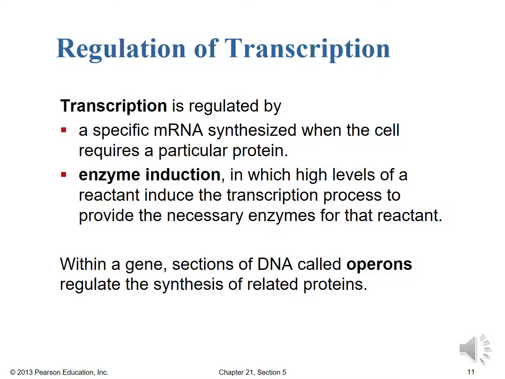Here, if we've got a high level of a reactant, then it kick-starts the whole process to get the transcription process going to provide those enzymes that reactant needs in order to react. So within a gene, we have sections of DNA called operons, and those regulate the synthesis of these related proteins.